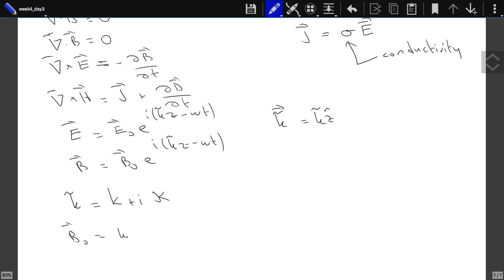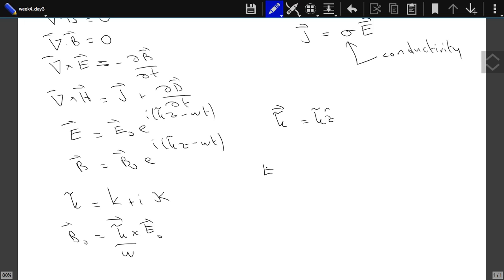B0 vector is just k tilde vector cross E0 over omega. This is in the z direction; that is the meaning of this cross product. But you see, it also has a complex phase. This is a complex number. So there is a phase difference between these complex vectors E0 and B0.